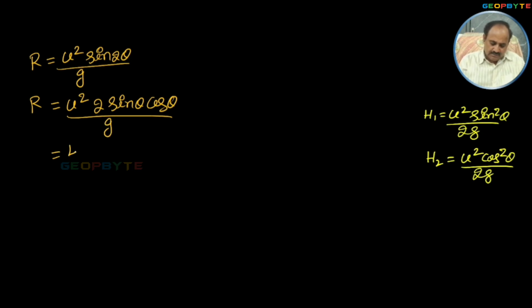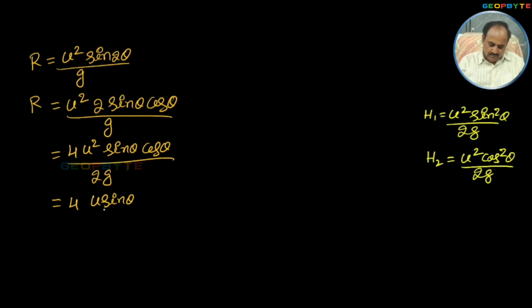It can also be written as 4 u square sin theta cos theta by 2g, multiplied and divided by 2. Nothing is changed. Then it can be written as 4 into u sin theta by root 2g into u cos theta by root 2g.